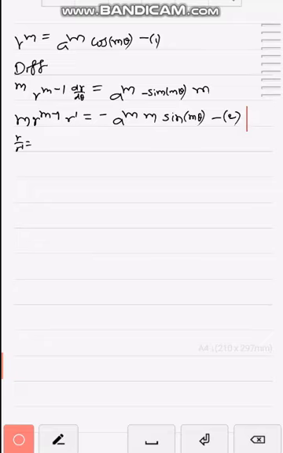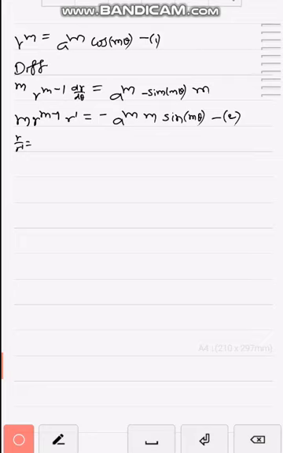So dividing equation 1 by 2, r divided by r dash is equal to, here this m and this m get cancelled, a power m gets cancelled.